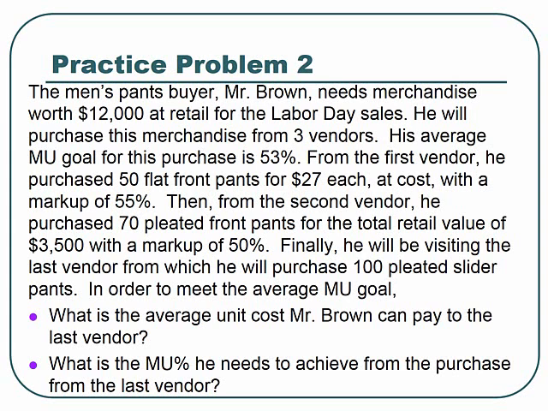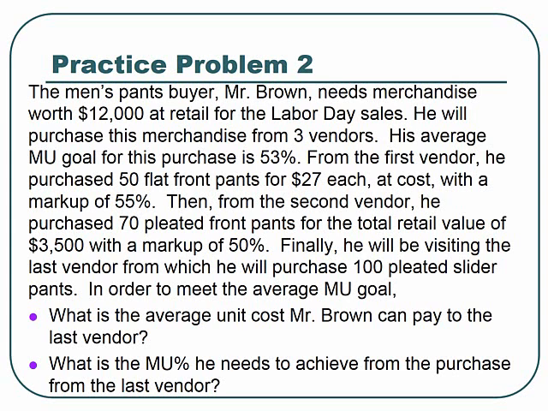From the first vendor, he purchased 50 pants for $27 each at cost, with a markup of 55%. So we've got the quantity, unit cost, and markup for the first vendor's merchandise. Then from the second vendor, he purchased 70 pleated front pants for the total retail value of $3,500 with a markup of 50%.